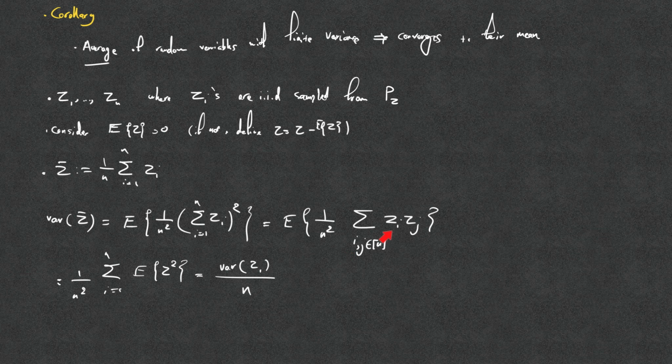Noting that these are independently sampled, you can take the factors out of the expectation and you end up with 1 divided by n^2 times the summation of i from 1 to n of E of zi^2, which by definition is equal to the variance of z1 divided by n.